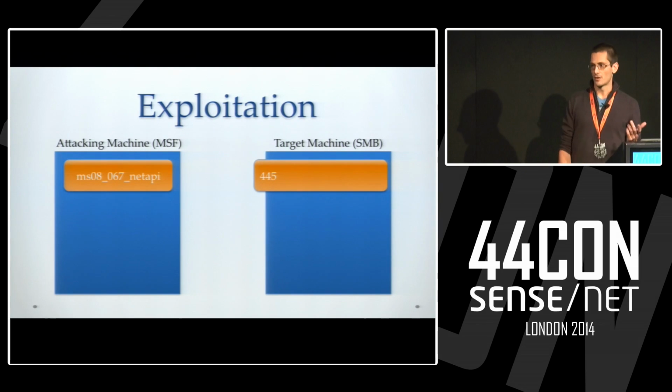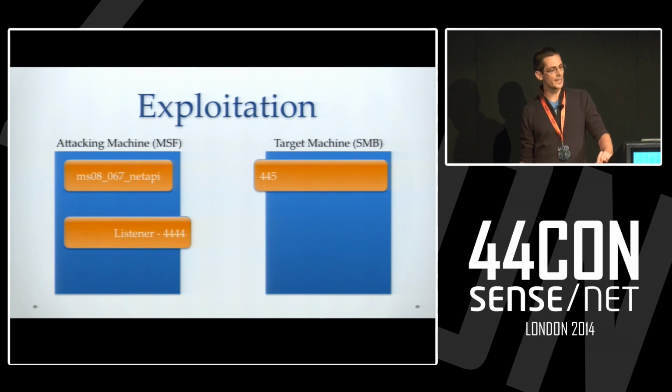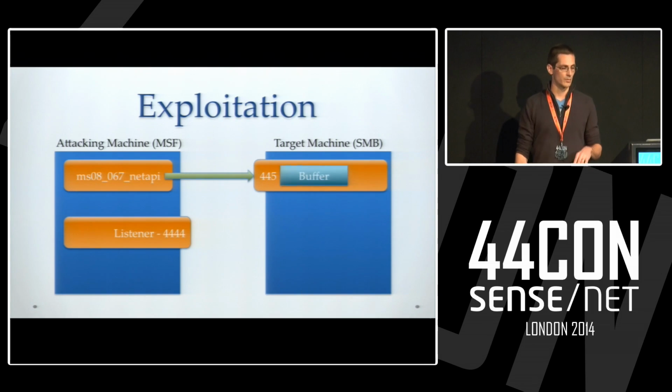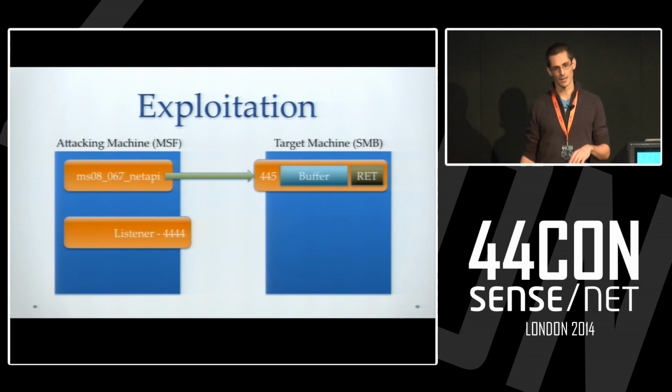And we on our side have our exploit ready to go. So when we kick it off, we fire up our listener on our port, and then we connect to that service on 445. At that point, some functionality runs, and the socket delegates responsibility to a function which has a buffer sitting on the stack, and immediately after that buffer, you've got a return address.